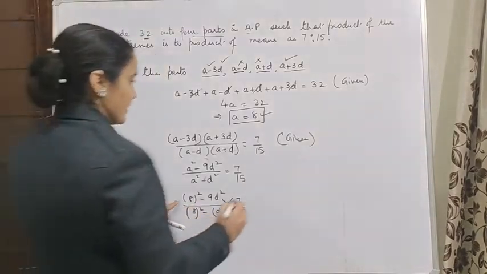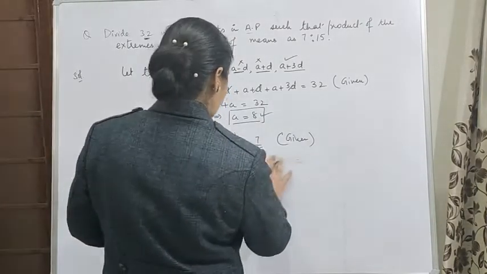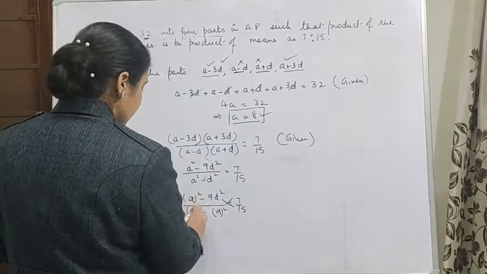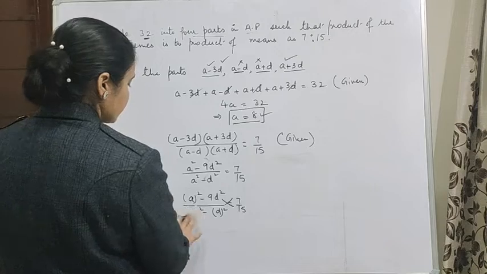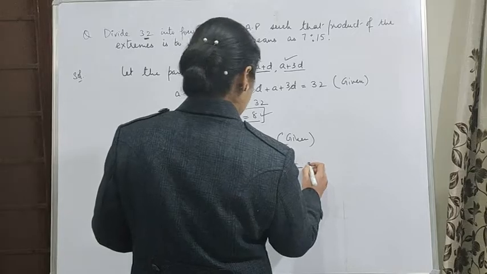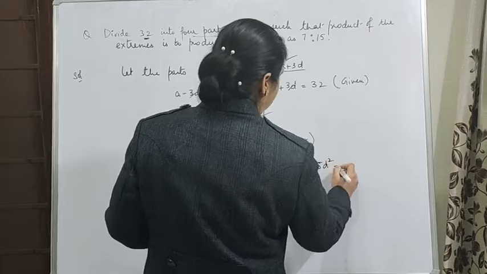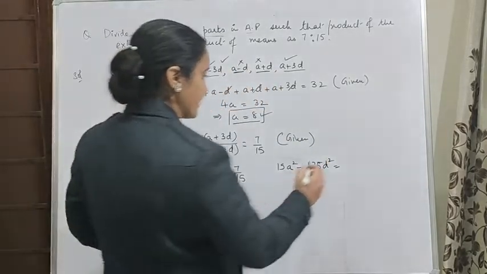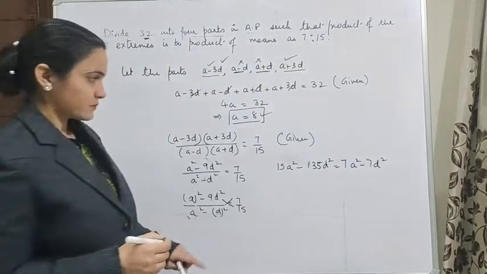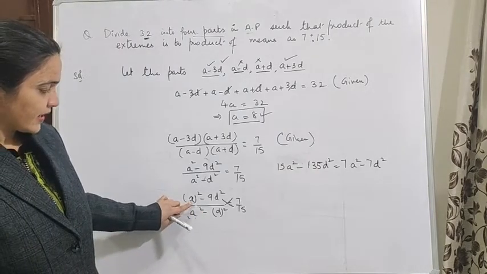Cross multiply. Let us keep it as it is for now so that the calculation does not become difficult. So we have 15A square minus 9 into 15, which is 135D square, equal to 7A square minus 7D square. To keep our calculation easier, we don't put the value of A here.